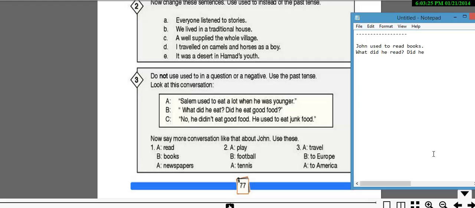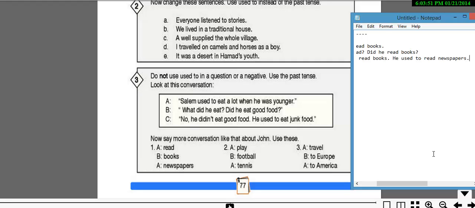Did he read books? It's just about mimicking the same style. So you can say no, he did not read books. He used to read newspapers.